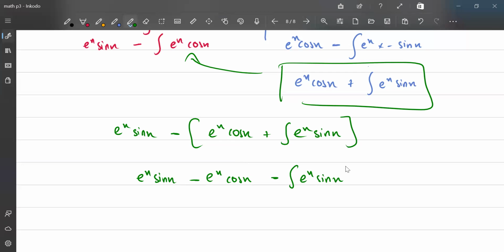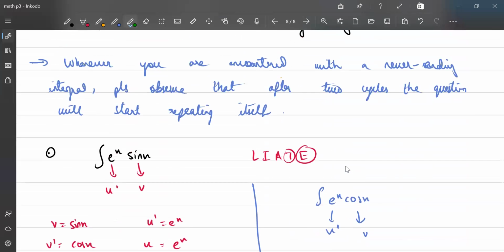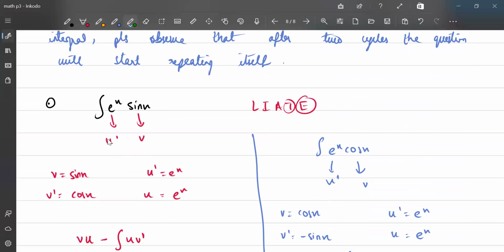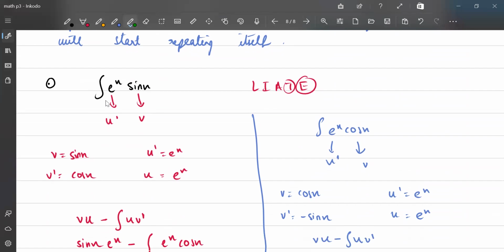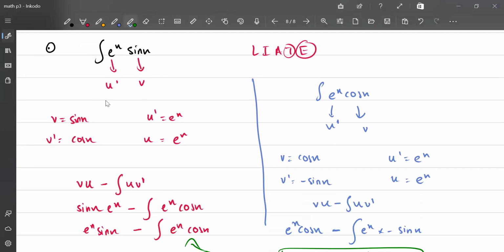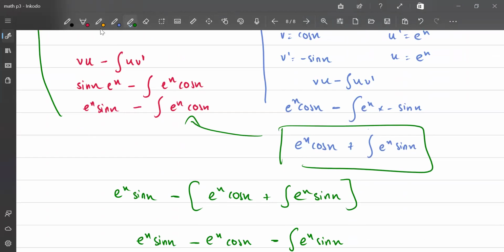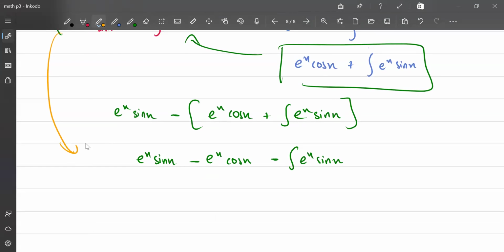So this is definitely not the end, because we need to integrate this. Now what you're going to do is make this the subject. Just simply copy what I'm doing here. Make this the subject. Just write integral of e^x sin x would be this.